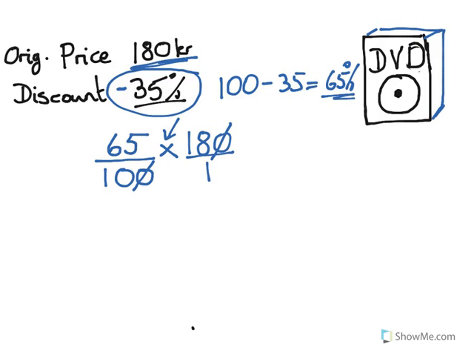So then we get 65, which we can multiply by 18, but instead of multiplying by 18, let's multiply it by 1.8, because 18 divided by 10 gives us 1.8, and then we'll get the answer that we want directly.